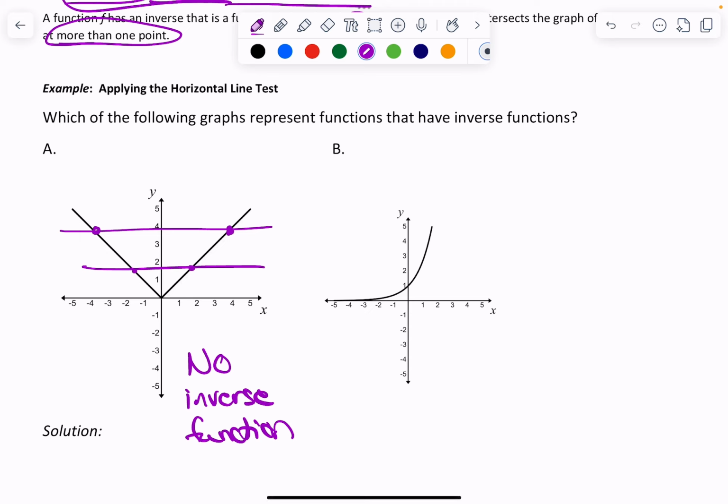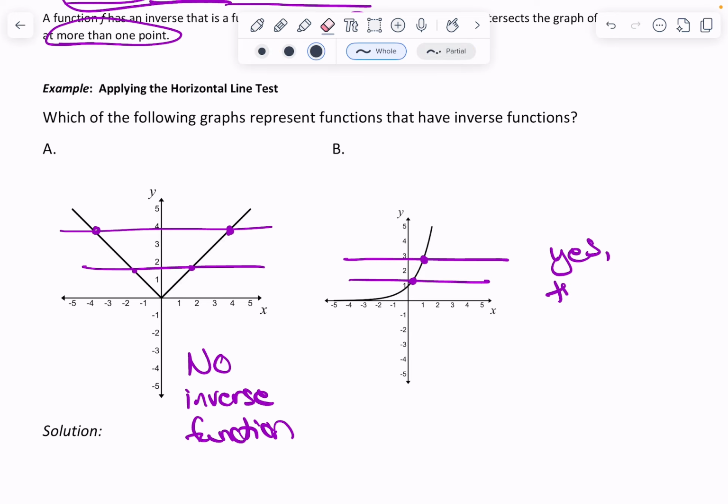This graph, on the other hand, when I draw the horizontal lines, only touches in one place. So yes, it has an inverse function.